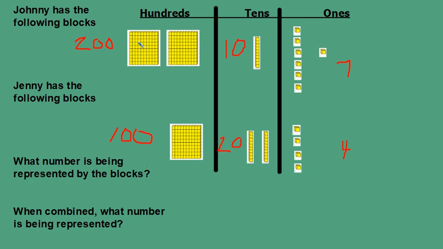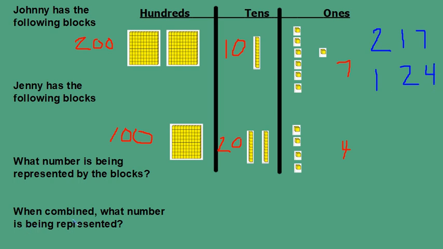So Johnny has 200 plus 10 plus 7. 217. Let me change the color here. So he has 217. Jenny has 100 plus 20 plus 4, or 124.